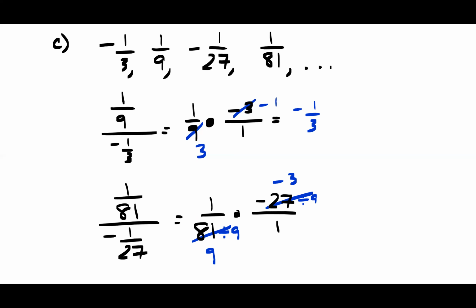Oh, I could do this again. Notice 9 and 3 still go into each other. So I'm going to reduce this guy by 3 and reduce this guy by 3. So a 3 on the bottom, and a negative 1 on top. Multiplying the 1 and the negative 1 on top makes a negative 1, and 3 times 1 is 3. Still get the same thing. There it is. My R value for this sequence is negative 1/3.